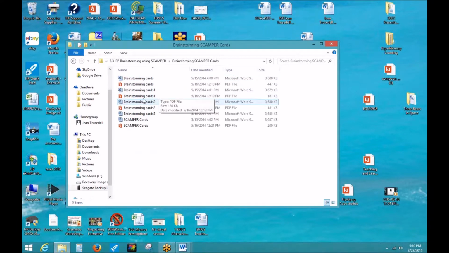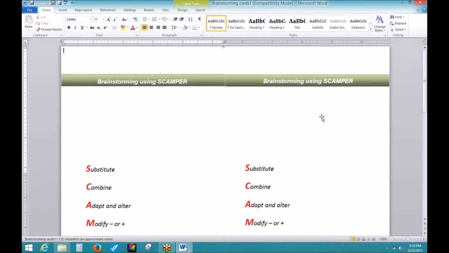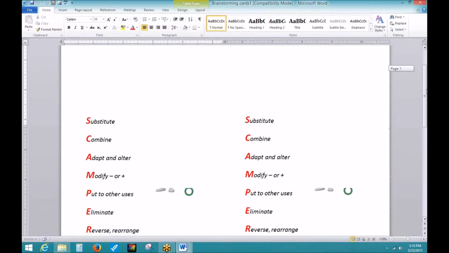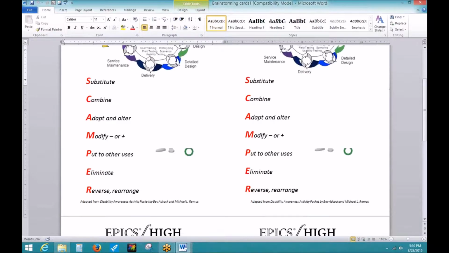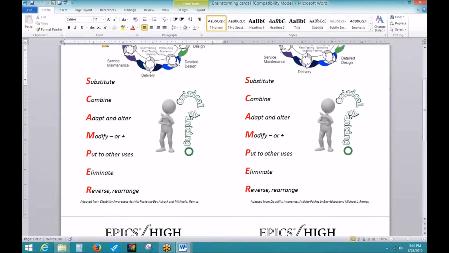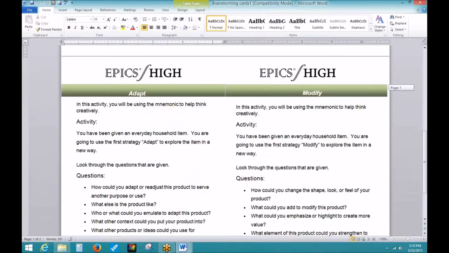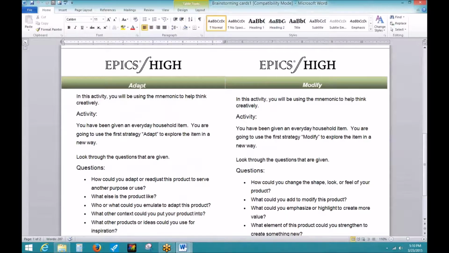So these are the SCAMPER cards. You can give these to your kids. It's substitute, combine, adapt, modify, put to another use, eliminate, and reverse or rearrange. And I thought that these could be used in a classroom. And then down here, you could have each group take a different section, like adapting.